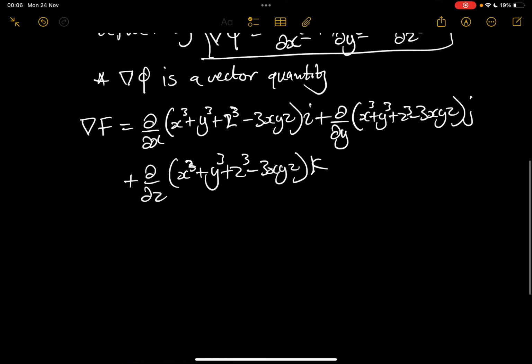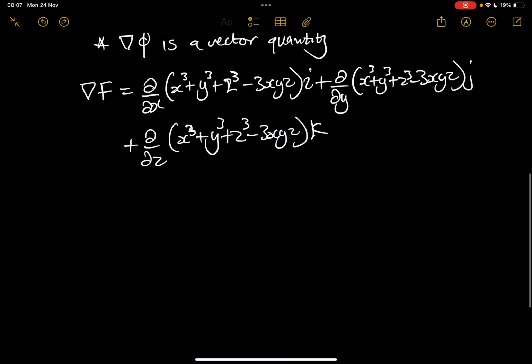Differentiating with respect to x means y and z are constant.